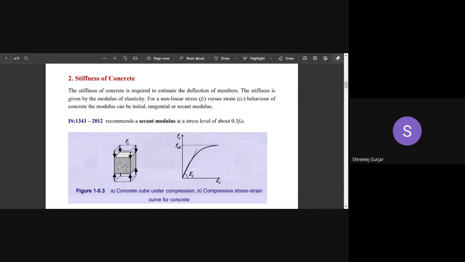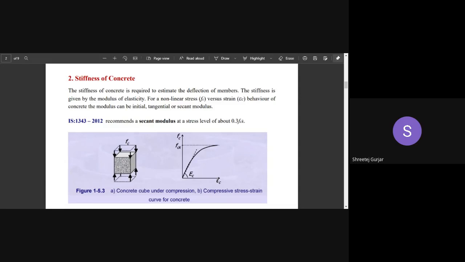So how do you determine the stiffness? Stiffness is given by modulus of elasticity, which we denote as capital E.